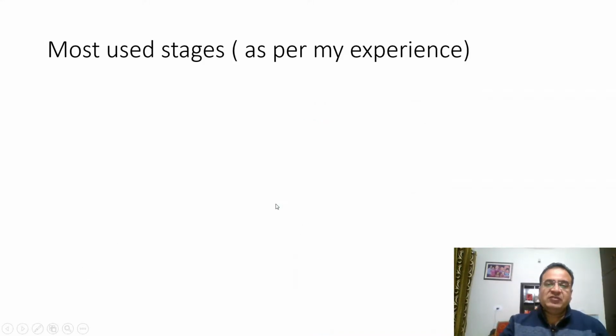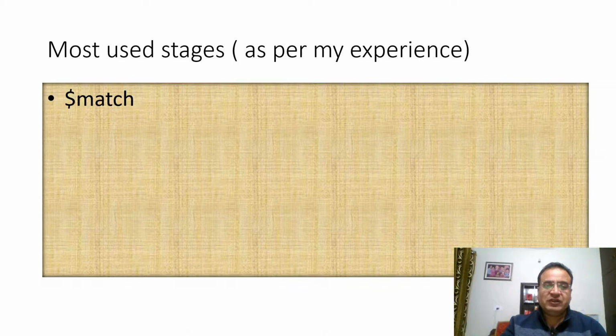Based on my experience working with the MongoDB aggregation framework, I have figured out that there are some stages in the aggregation pipeline which are most widely used. I'm going to share them. Match is the most widely used. Why match?